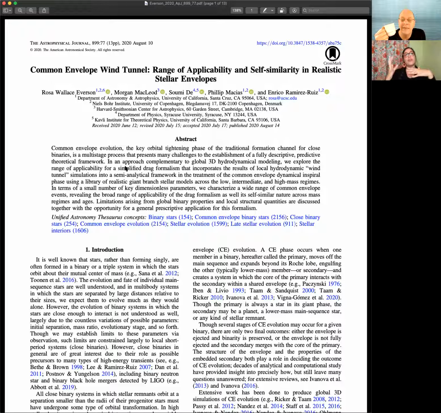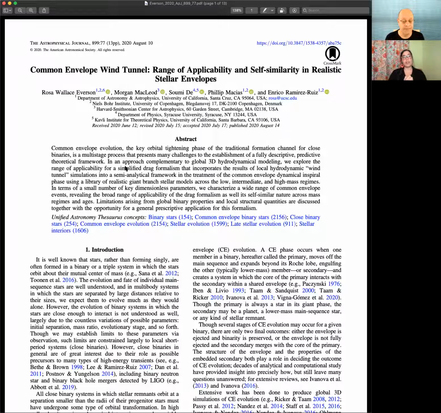We were looking at this in a more zoomed in way, and trying to incorporate more and more physics into those simulations. And the idea was, as I said before, to be a kind of bridge between these large-scale global simulations and something that's more prescriptive, something we could give to population synthesis people.